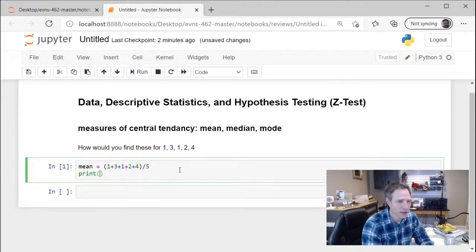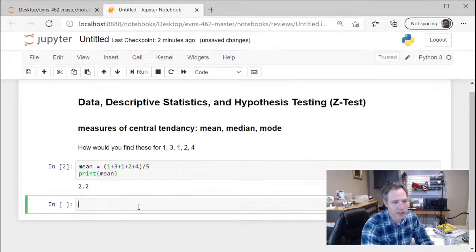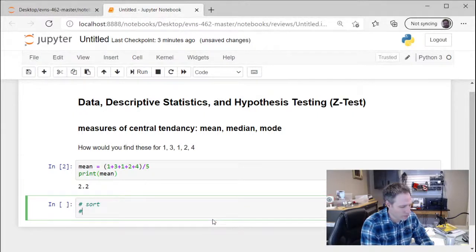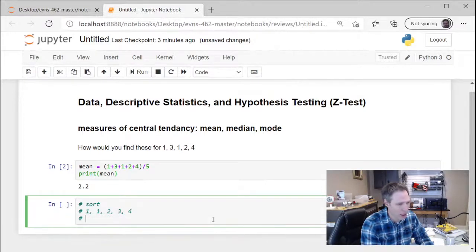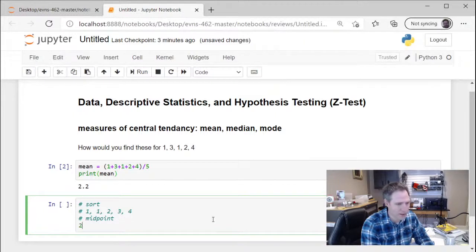And let's print that out there. Okay. The median, how would we find the median? Well, first you've got to sort the data in ascending order, which would be 1, 1, 2, 3, 4, and then what's the midpoint? Here it's an odd number of data points, so the midpoint is pretty easy to find. It's just 2.